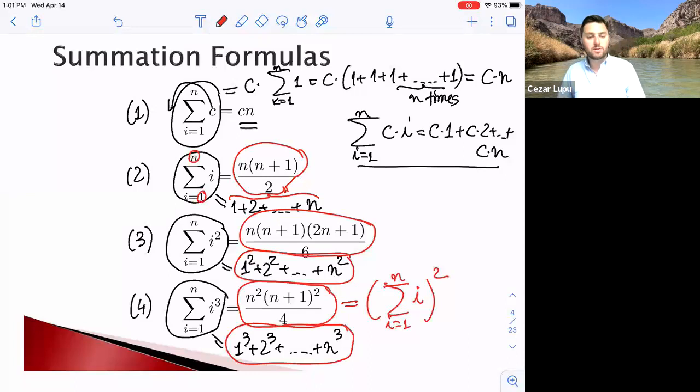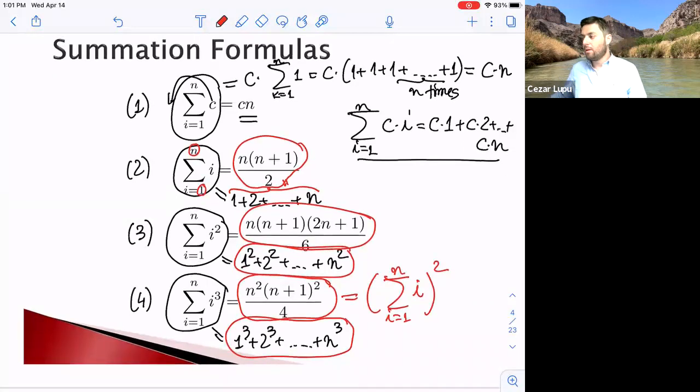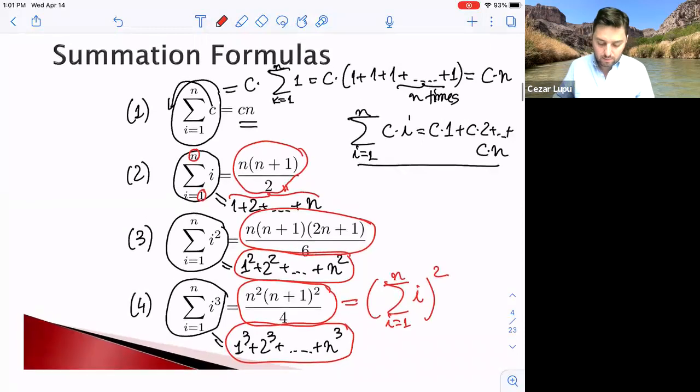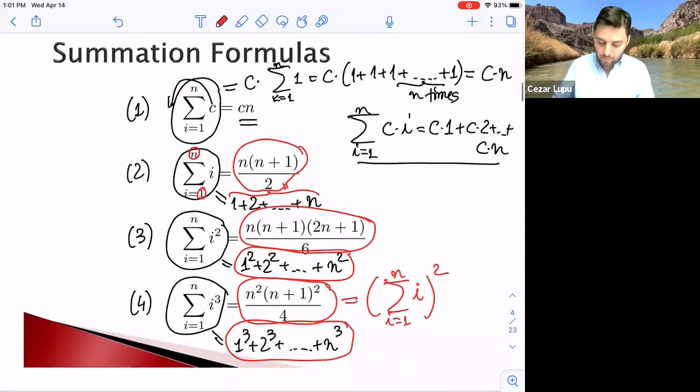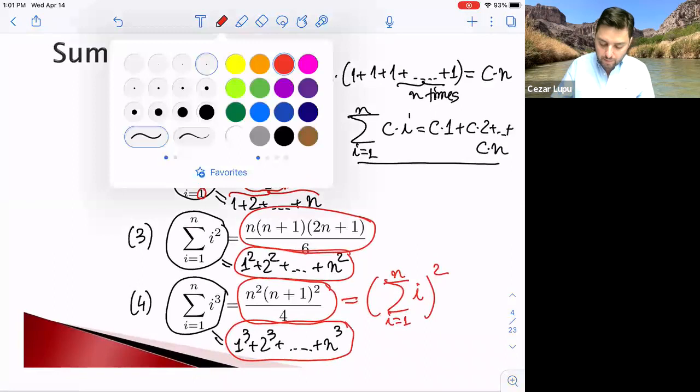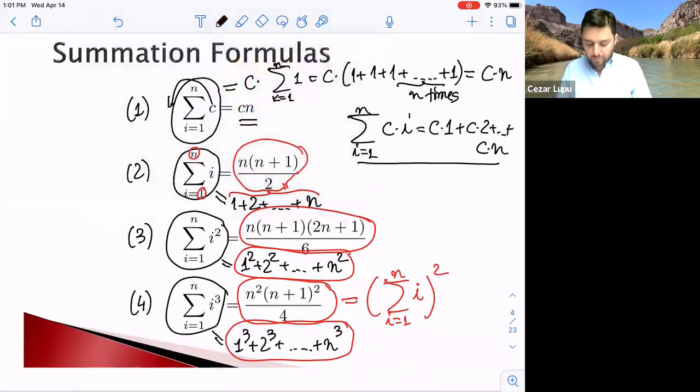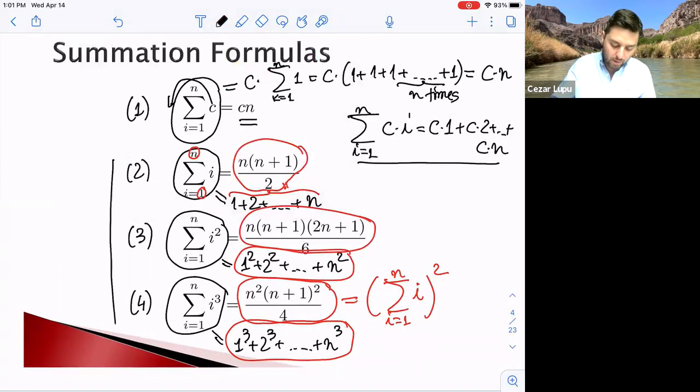All right, so these are the summation formulas. In fact, I would like to dwell more on these three here. These are very important.